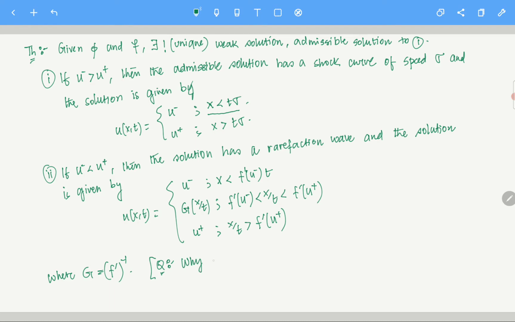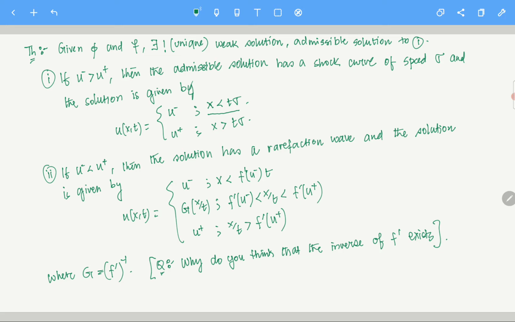Why do you think that the inverse of f prime, not f inverse, f prime, exists? We certainly did not start with f prime being bijective and all. We did not start with that. So why does the inverse exist? That is one question which I am leaving for you guys to think about.